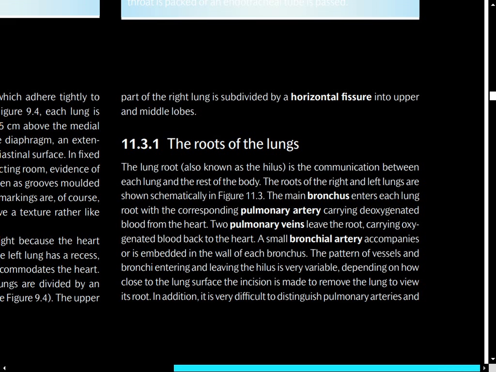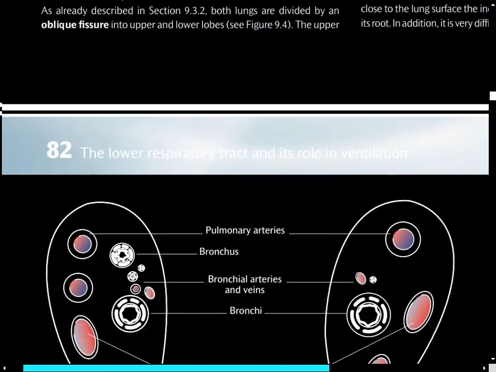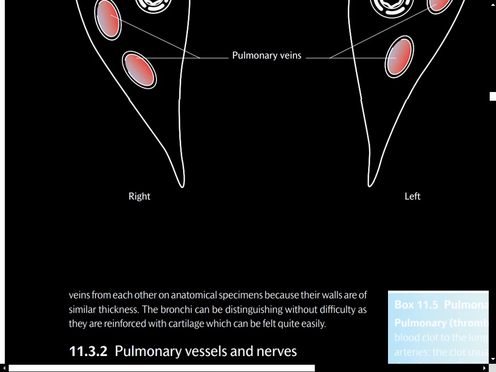In addition, it is very difficult to distinguish pulmonary arteries and veins from each other on anatomical specimens, because their walls are of similar thickness. The bronchi can be distinguished without difficulty, as they are reinforced with cartilage, which can be felt quite easily.